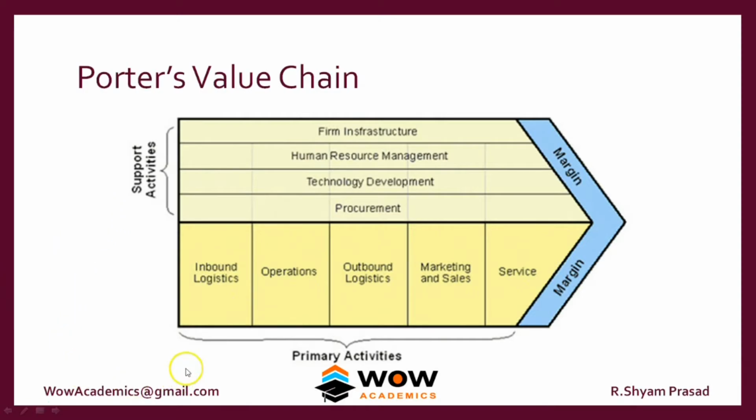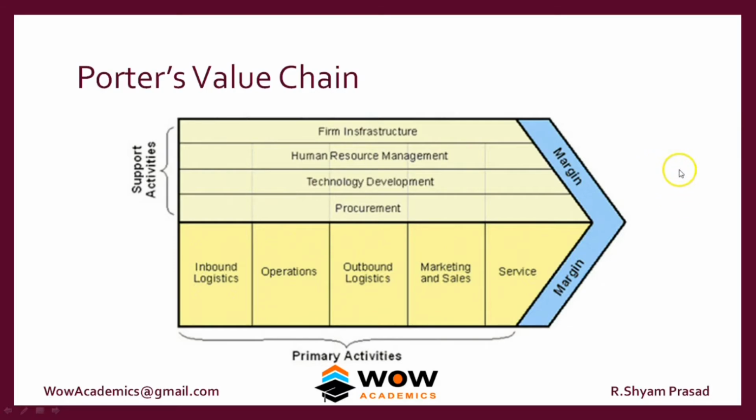Purchasing has to be done for inbound logistics: we purchase raw material. For operations, we purchase machinery. For outbound logistics, we might buy some delivery vans. For marketing, we purchase space in a television ad. In service, we buy tools for service and maintenance. So procurement happens across all the primary activities.